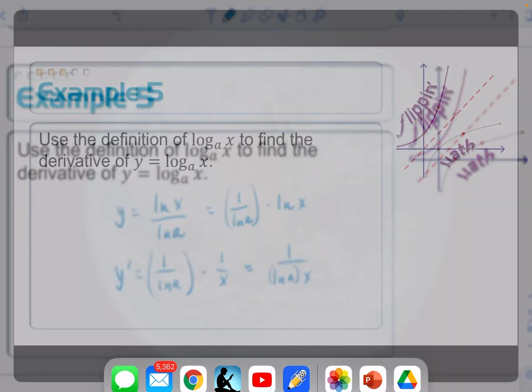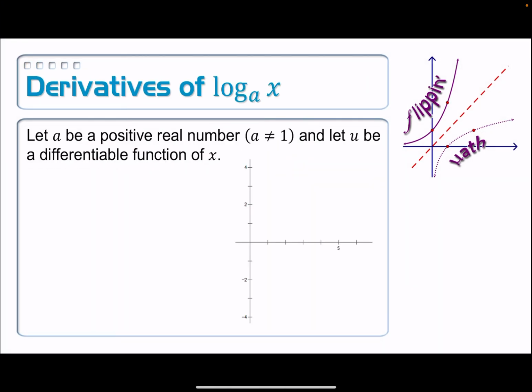All right, which brings us then to the derivative of the log base a of x. It's got the same exact setup as the definition. Let a be a positive real number that is not 1, and let u be a differentiable function of x. So once again, we're going to get a chain rule version of this.